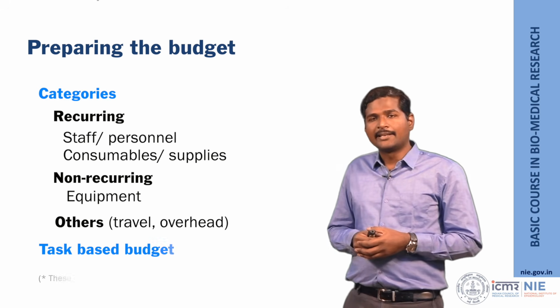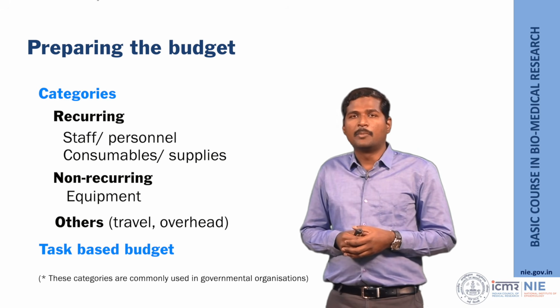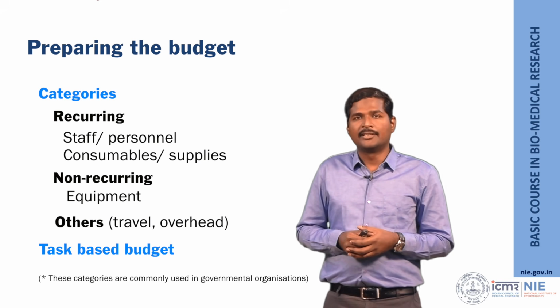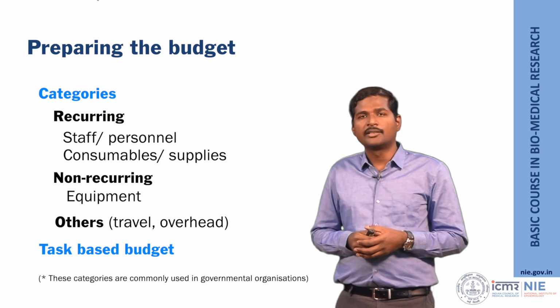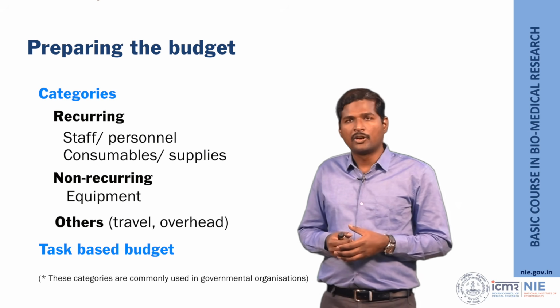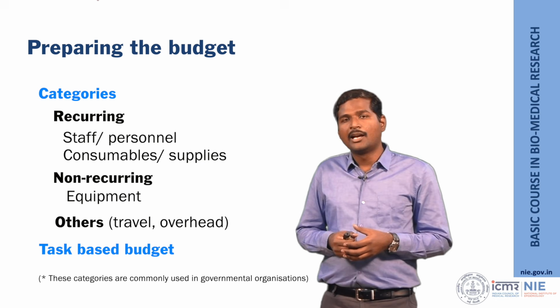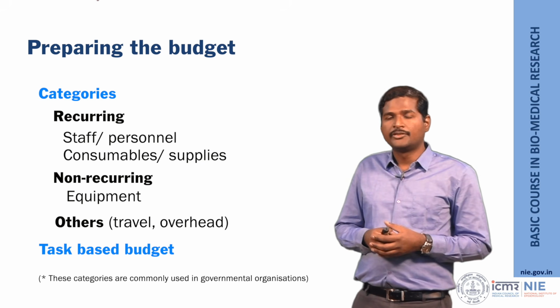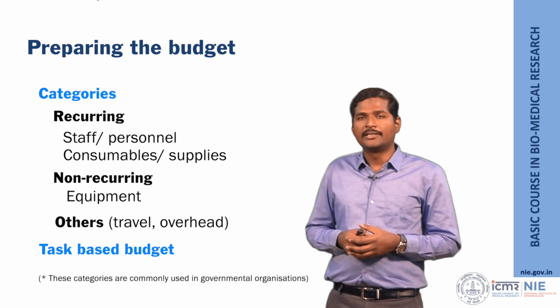These are the different categories under which we can budget a particular item. Broadly speaking, there are three categories: recurring cost, non-recurring cost, and other costs. Under recurring cost, you include staff or personnel and consumables. Under non-recurring cost, you include equipment, and in other costs, you can include travel and overhead charges.